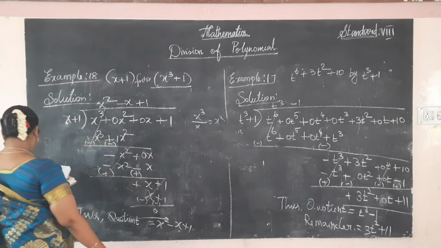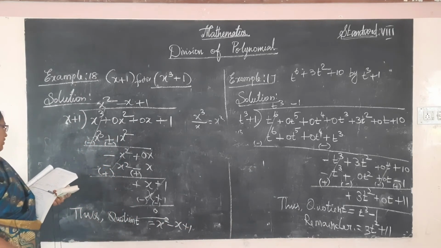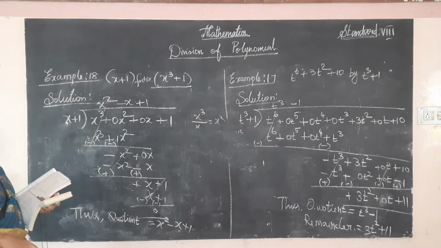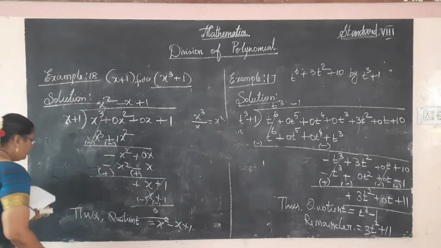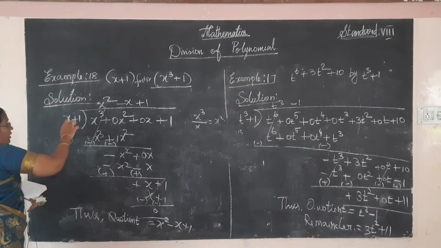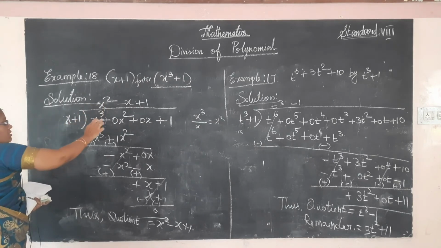Remainder is 0. Here what do we ask? Using the long division method, prove that x plus 1 is a factor of x cube plus 1. Yes, it's a factor. We get the remainder, it divides exactly, so it is a factor. This is a factor of this value.